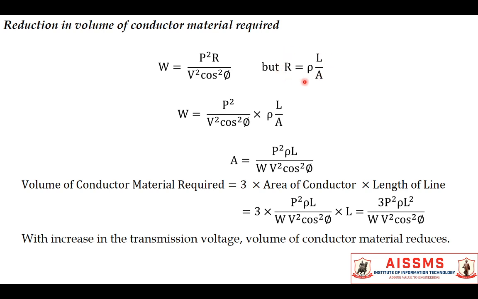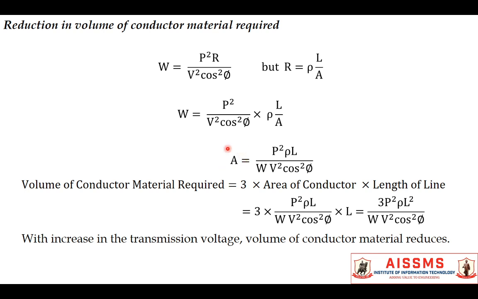Using this in the equation, W equals P square divided by V square into cos square phi, and instead of R, I put rho L upon A. So W equals P square rho L upon V square cos square phi into A. Simplifying for the area, I get A as P square rho L divided by W V square into cos square phi. So this is the cross sectional area of the conductor.